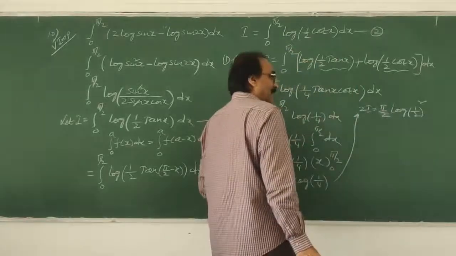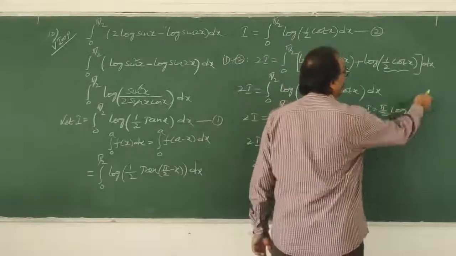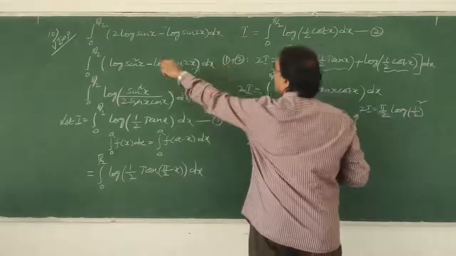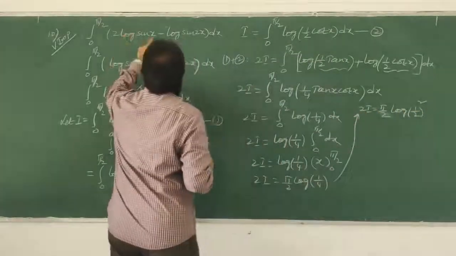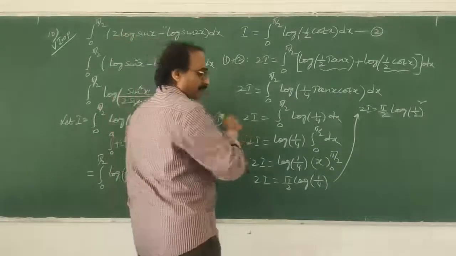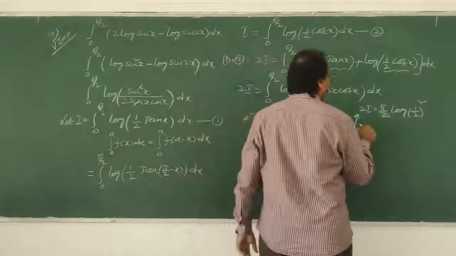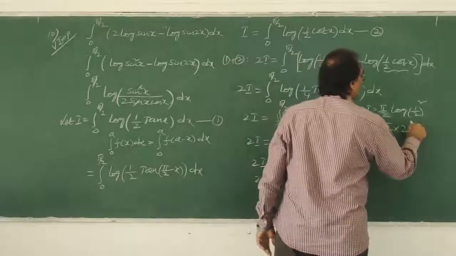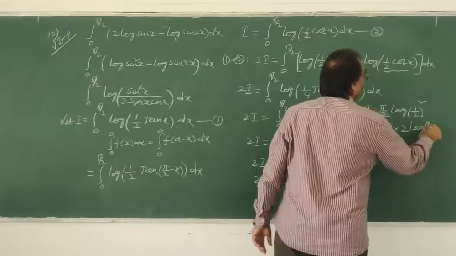Correct? Log 1 by 2 whole square, and log x power n is n log x. Like again, log x power n is n log x, vice versa. So 2i is equal to pi by 2 into 2 log 1 by 2.